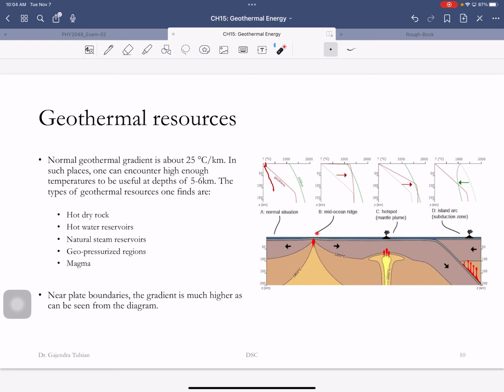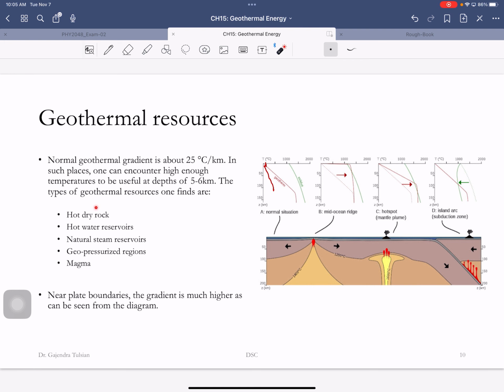And Iceland is somewhere there, so you don't have to go deep at all in Iceland to get to hot stuff. Near plate boundaries, the gradient is much higher, as can be seen from the diagram. The temperature gradient is much higher, the temperature is rising very fast.